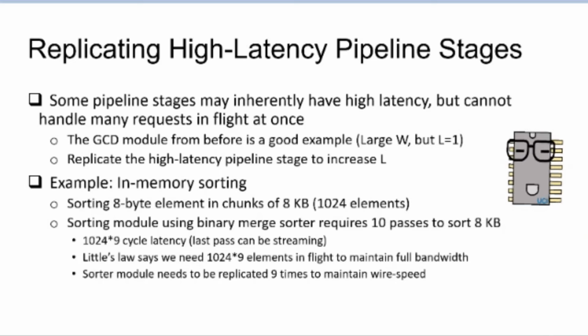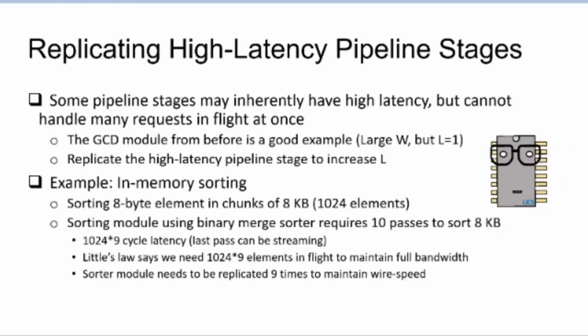But if the latency is very variable, then you might want a signaling mechanism so that each module, when it's done, can push a token into the system to say that it's ready to do the next piece of work. Anyways.